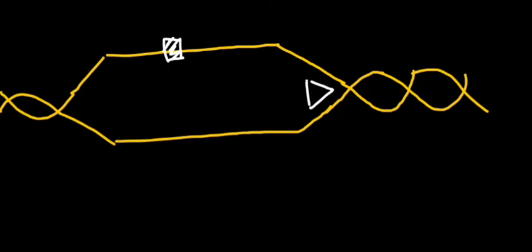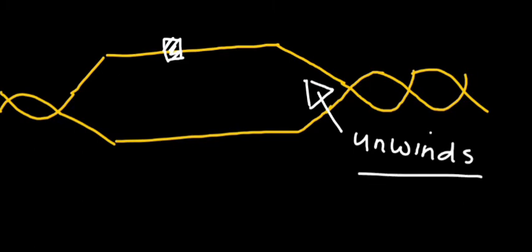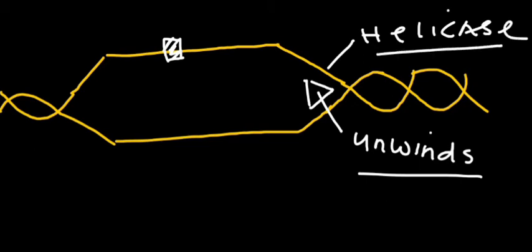So what does helicase do? Helicase unwinds or uncoils the DNA molecule. So this enzyme is called helicase, and the function of helicase is to unwind this DNA molecule.